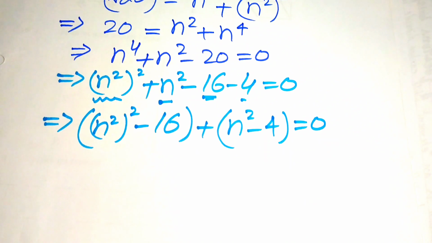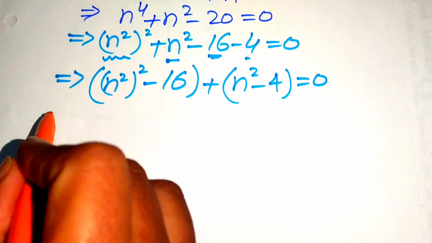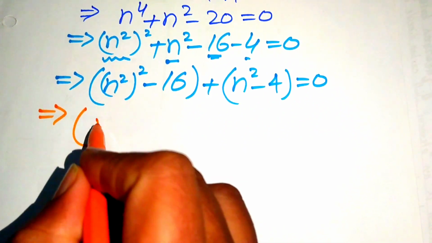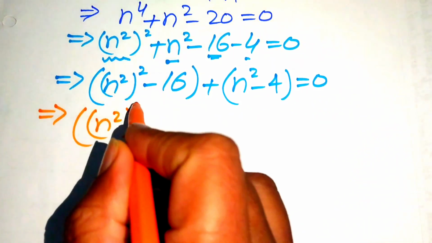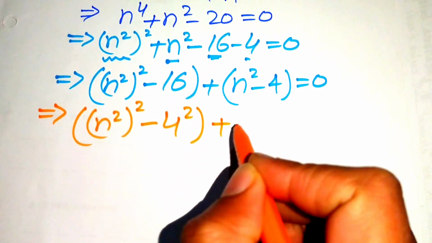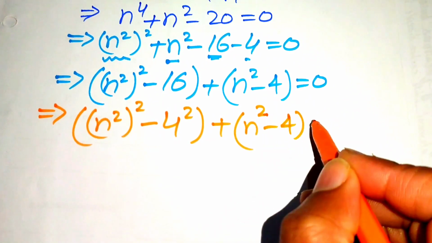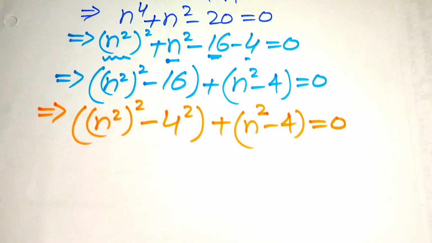In the next step we simplify this term and write it as n square and its whole square minus 16 written as 4 square, plus n square minus 4 equals 0.